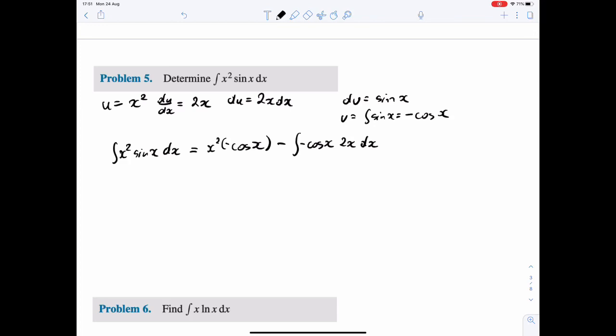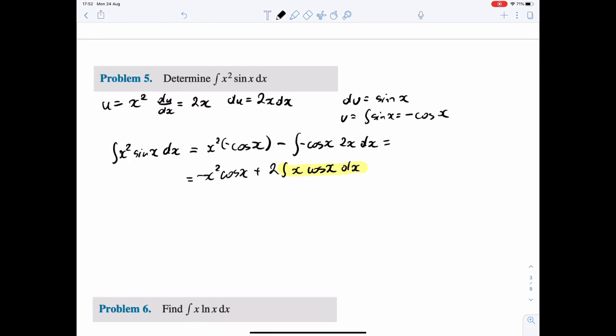So now I can start integrating, so let's rewrite. This will be equal to minus x squared cos x plus, taking 2 out of the bracket, 2 integral of x cos x dx. So obviously this integral here is not a standard integral, but we can use integration by parts again, or we could use some substitution.